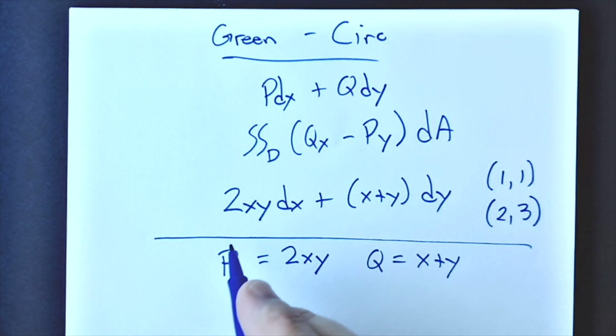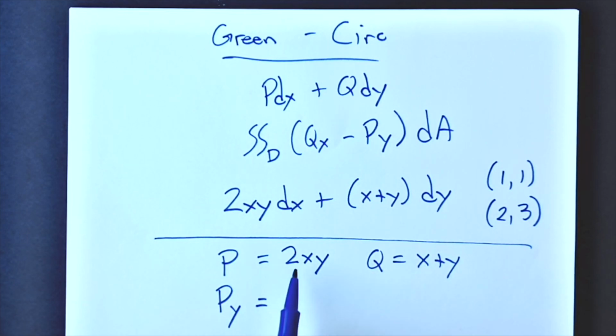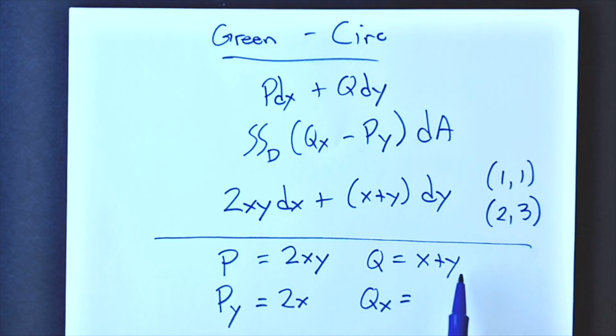Then we're going to take the partial of P with respect to y. We hold the 2 and the x as constants, and the derivative of y is 1. So this would be 2x. When we come over here, we're going to take the partial of Q with respect to x. Well, this is a plus, right? So the y just becomes 0, and the x becomes 1. Would you agree with that?